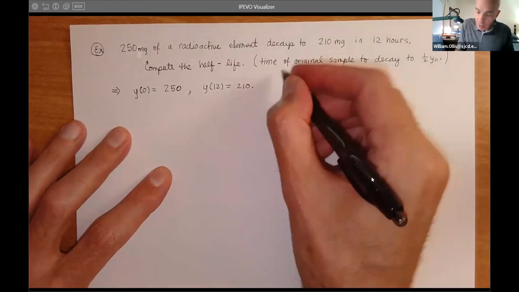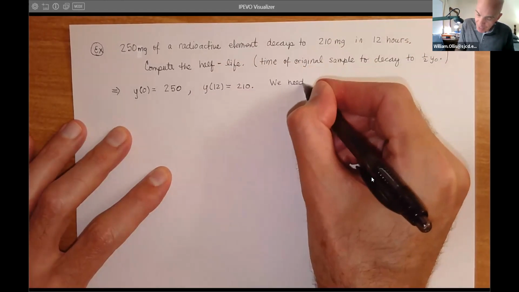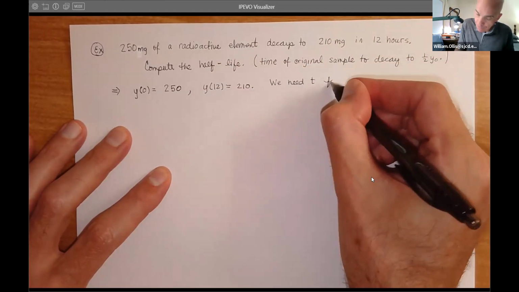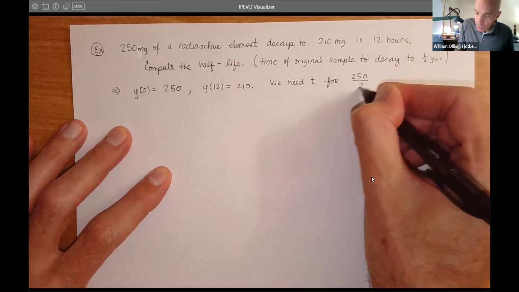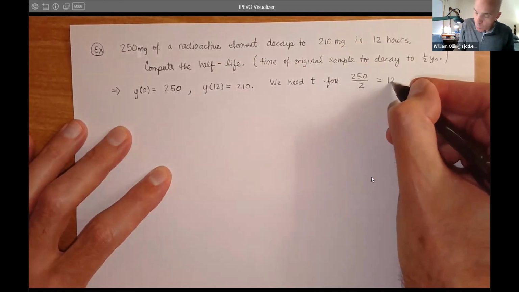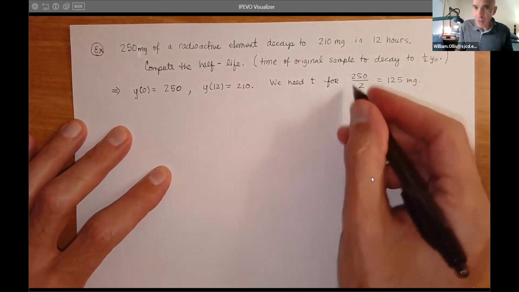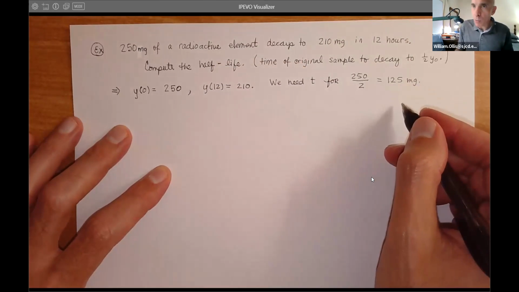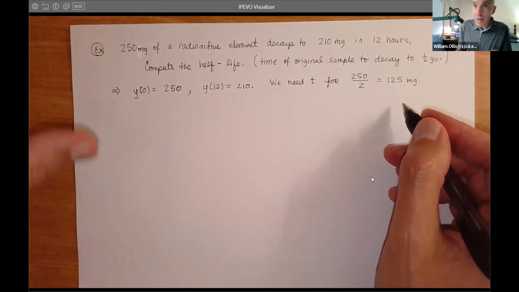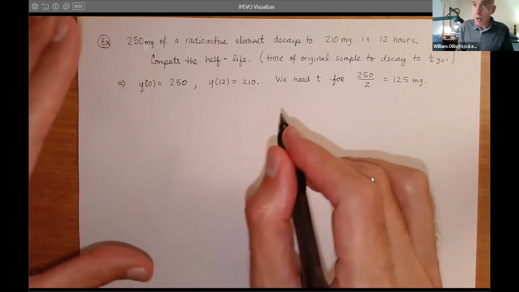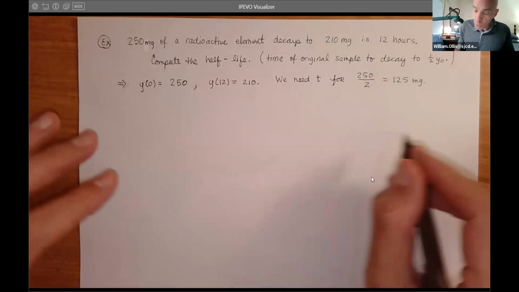So basically, we need t for 250 divided by 2, which is 125 milligrams. So it's going to be done the same way. We don't even have to use the numbers, just the y sub 0 equals the 1/2 y sub 0. The y sub 0s absorb and we're left with the 1/2. That's kind of like we did with the doubling and tripling time.